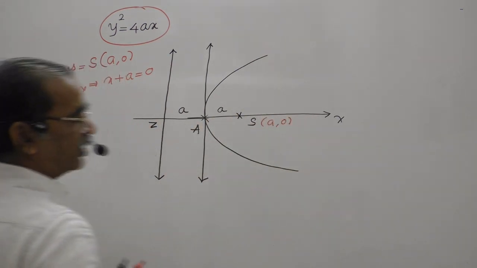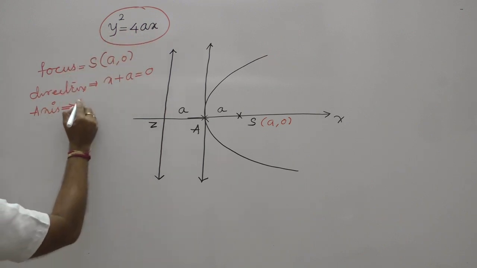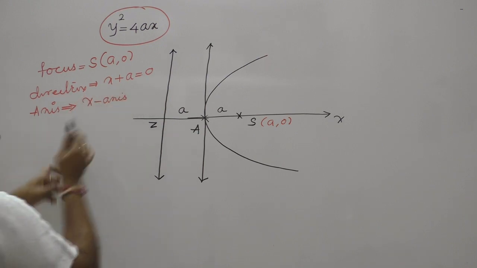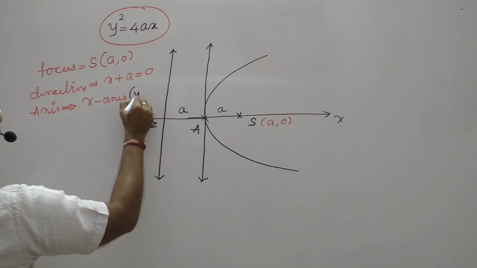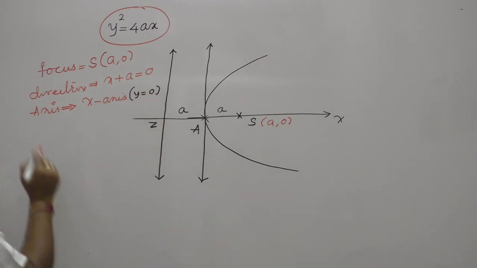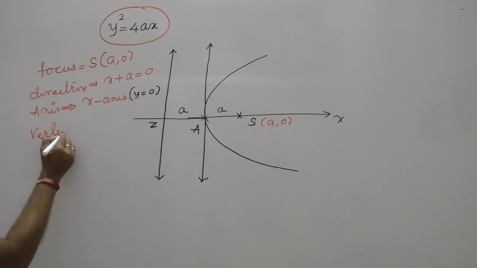What is it? The x-axis. Therefore, for this parabola, the axis is the x-axis, whose equation is y equal to 0.